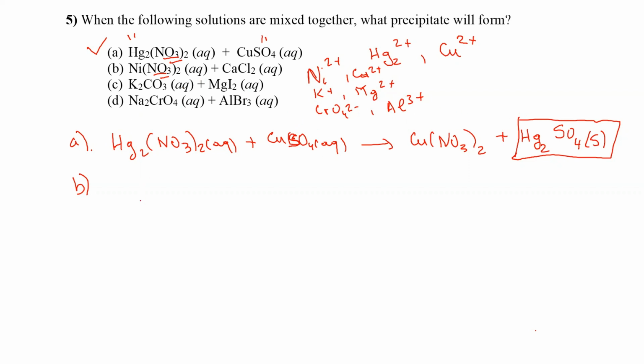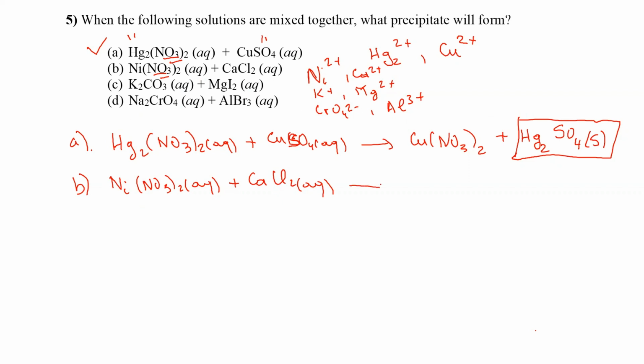For B, it will be the same. So we have nickel nitrate, aqueous, so anything with nitrate is soluble, plus calcium Cl2 aqueous. Anything with chloride is soluble, except when it is with mercury, silver, and lead-2 ions.